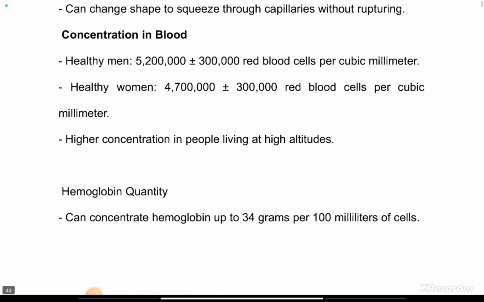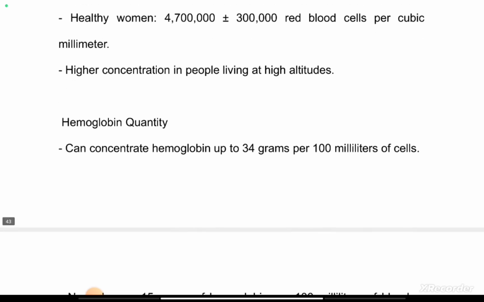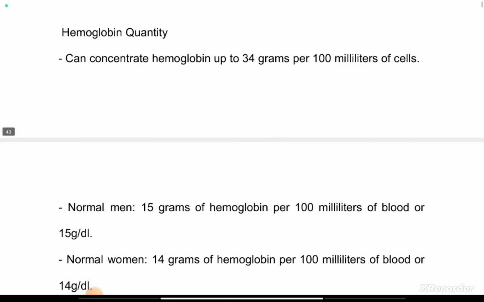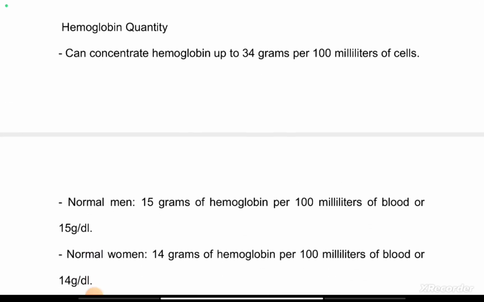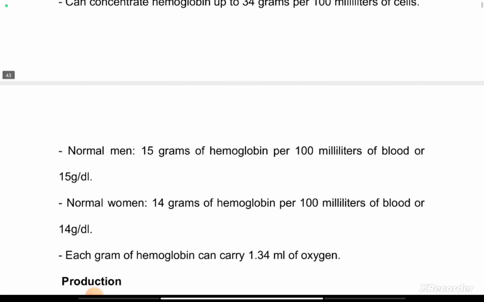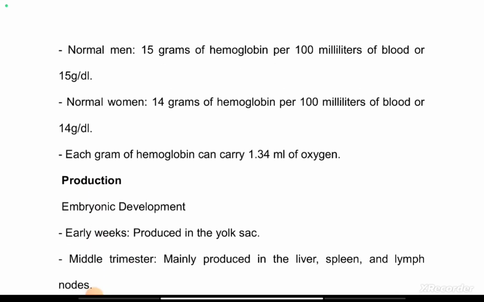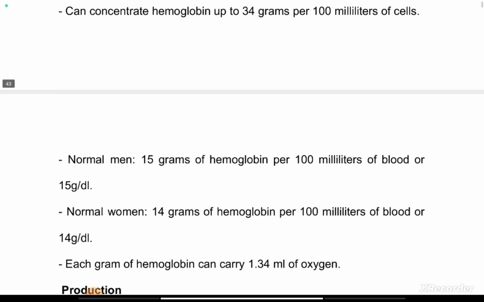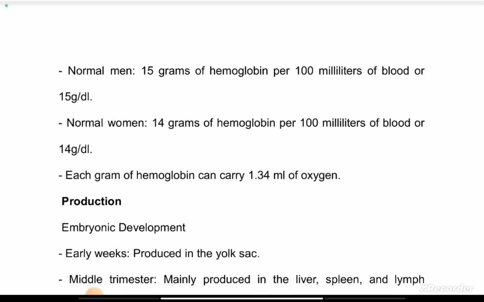So we've talked about the quantity of red blood cells. Now the quantity of hemoglobin inside the red blood cell. The maximum it could be is about 34 grams per 100 milliliter of cells. This has also been explained. In normal men we have about 15 gram of hemoglobin per deciliter of blood, while in females 14 gram of hemoglobin per deciliter of blood.